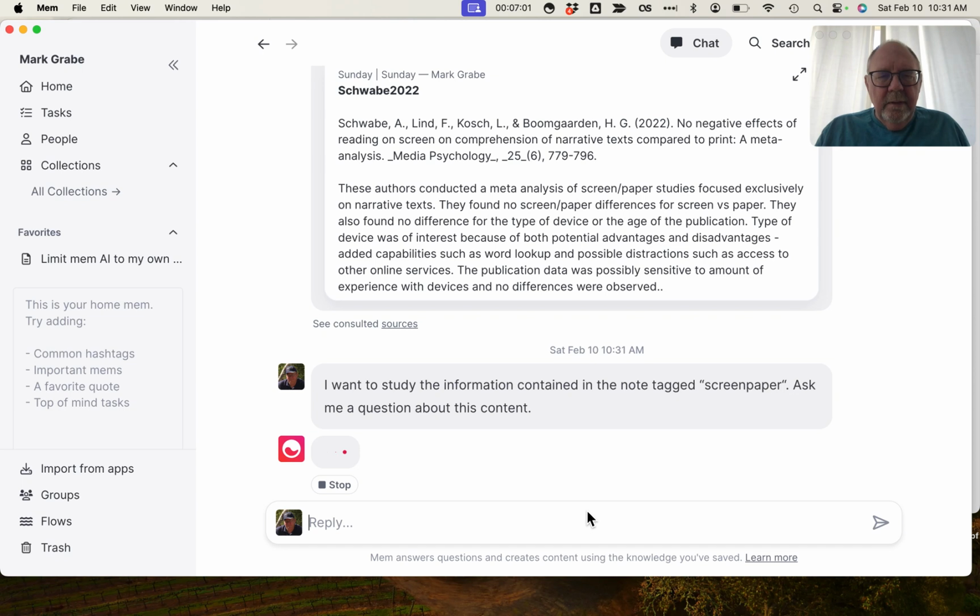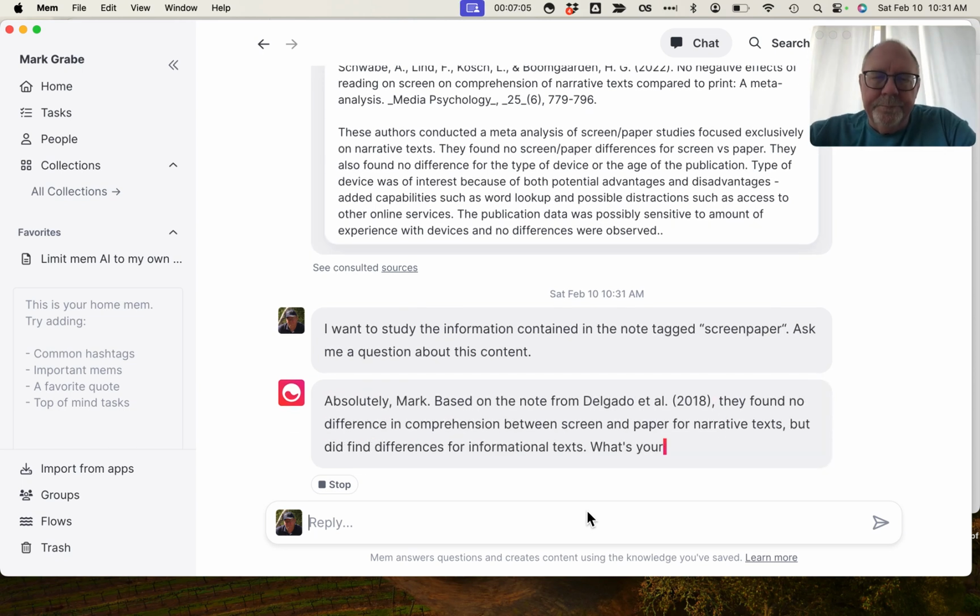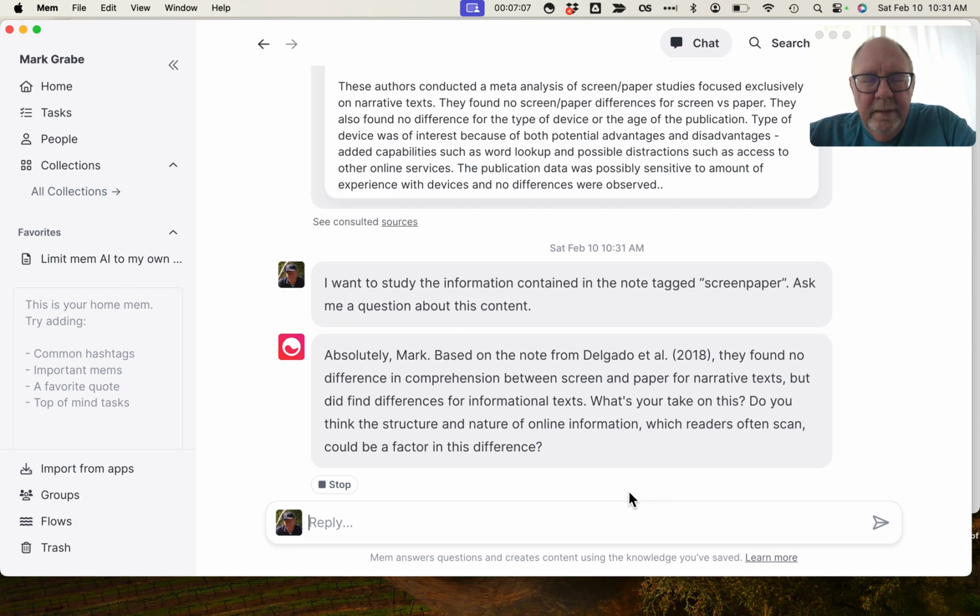So I input the prompt, and it's looking at the notes. You see how specific it gets here. I've summarized a journal article by Delgado and colleagues from 2018, and it tells me a little bit about that note.